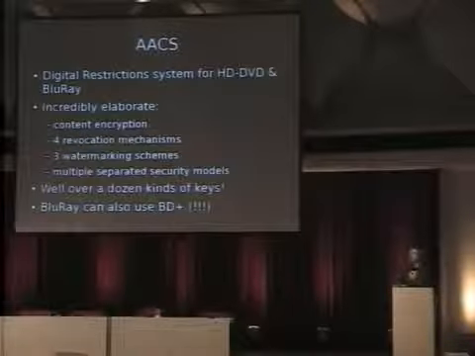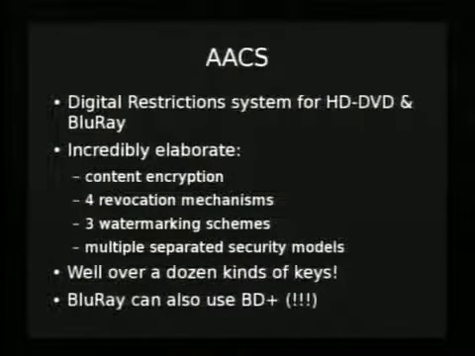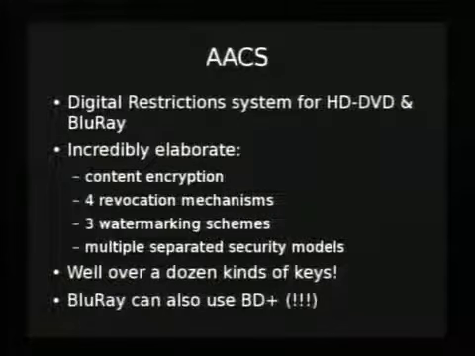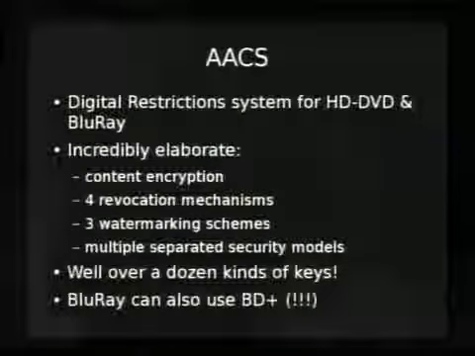And this DRM system is incredibly elaborate compared to most of the historical DRM systems that we've seen. In addition to the basic content encryption, it has at least 4 revocation mechanisms, means by which keys or subsystems can be turned off or disabled if Hollywood finds evidence that hackers have started finding a way around the DRM system.